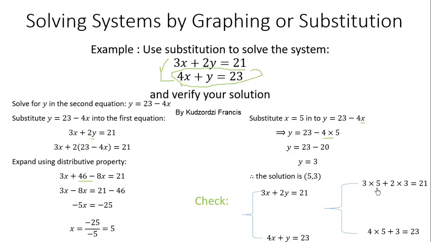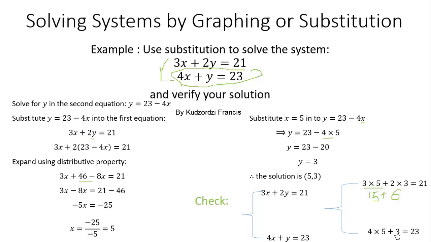So we do that substitution to obtain 3 times 5 plus 2 times 3. And we know 3 times 5 will give you 15. And 2 times 3 will give us 6. Now 15 plus 6 will be equal to 21. Hence, the first equation is satisfied.